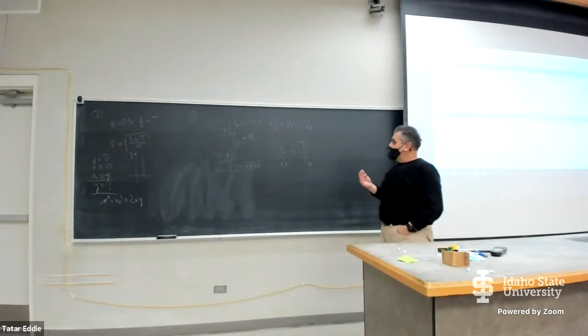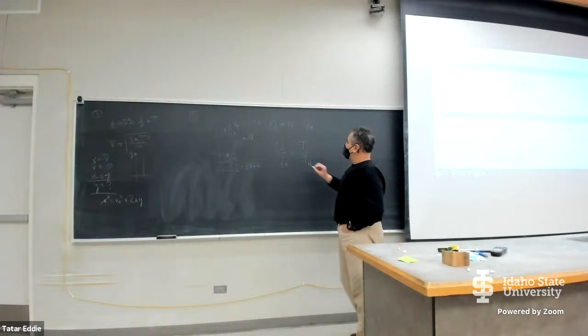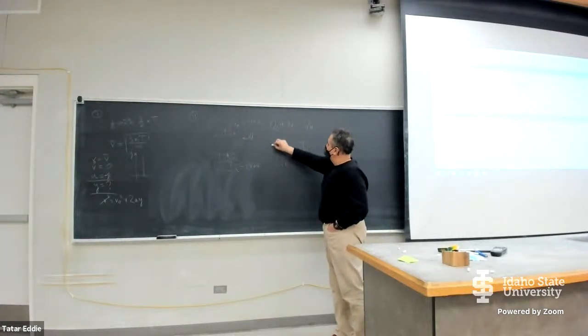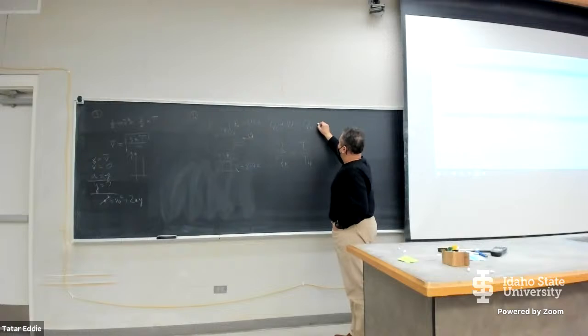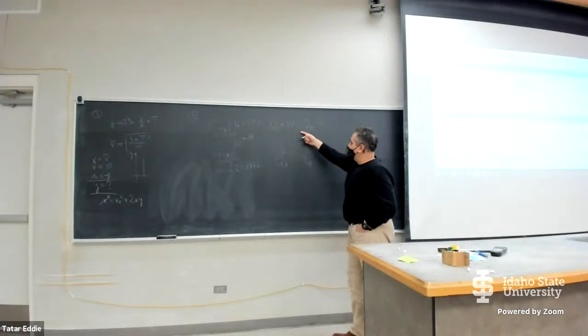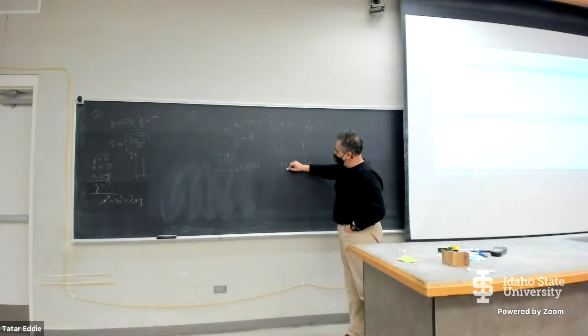So in our case, temperatures are given. You're looking for this. QH is not given, but from the conservation of energy that I wrote, I can just substitute QH with its equal right here.